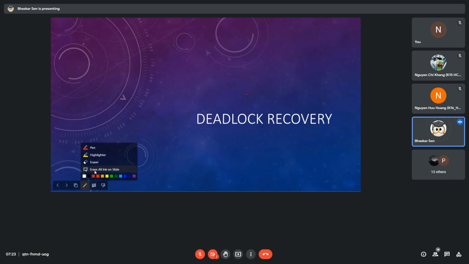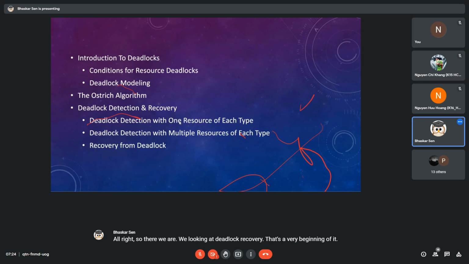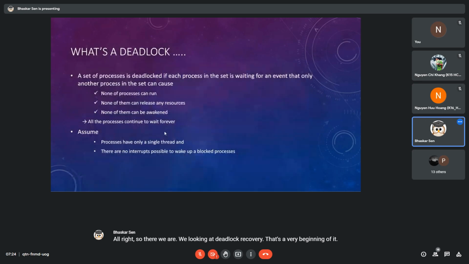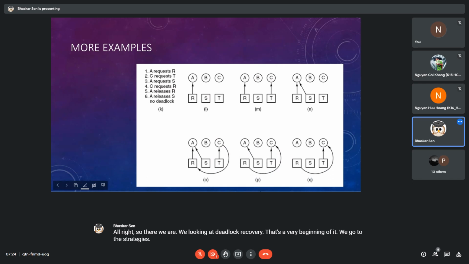All right. So there we are. We are looking at deadlock recovery. That's the very beginning of it. We go to the strategies. Modeling was the important one that we talked about.